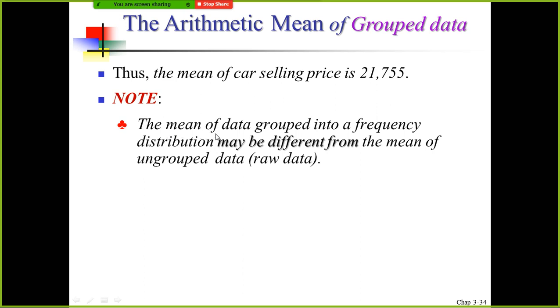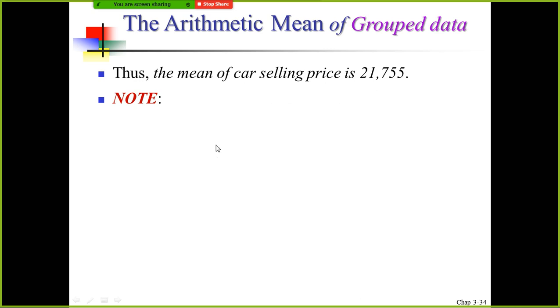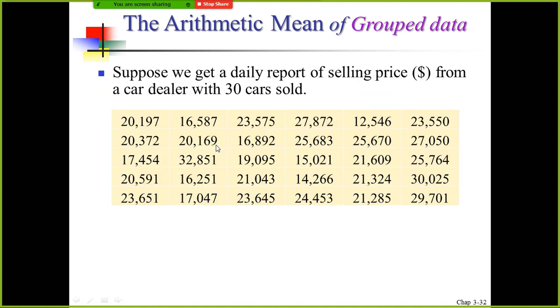Note, the mean of data grouped into a frequency distribution may be different from the mean of ungrouped data or raw data. That means that we have raw data. For example, I can go to the data. Yes, this is raw data or ungrouped data.